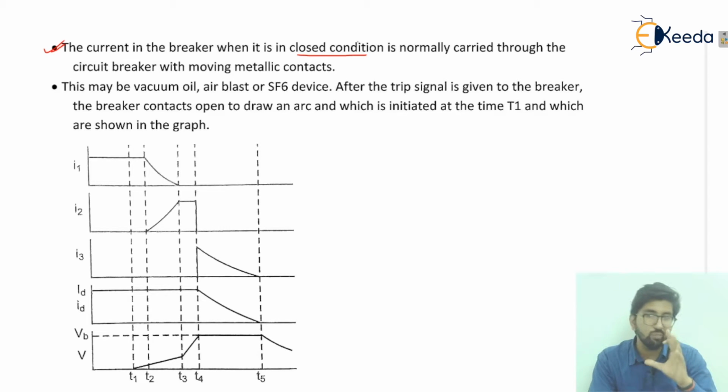Now the current in the breaker, when it is in the closed condition, is normally carried through the circuit breaker with the moving metallic contacts. I think you can clearly relate this with the AC circuit breaker. The same thing is happening here. In the DC circuit breaker, when it is in the closed condition, the moving contact and the fixed contact are both closed, so a normal current flows there, carried through the circuit breaker with the moving metallic contacts.